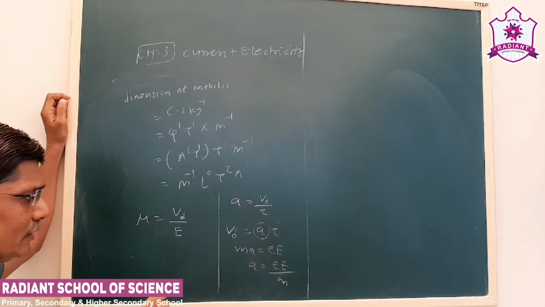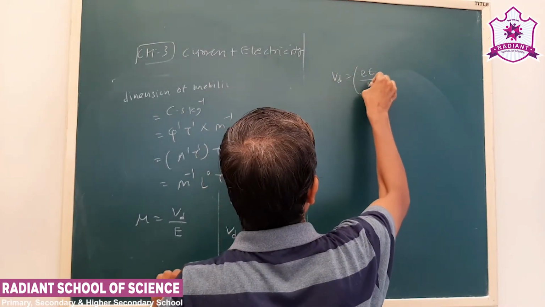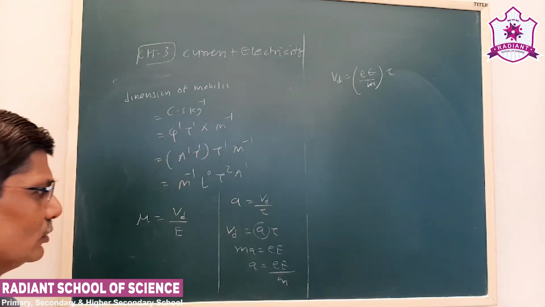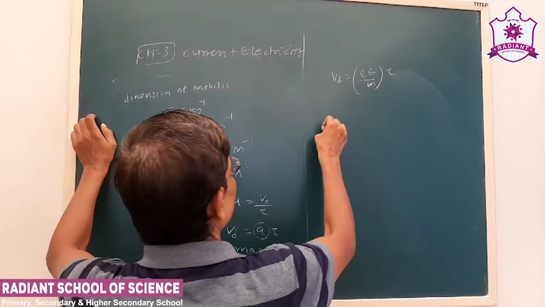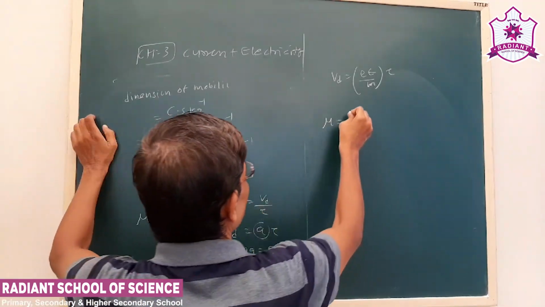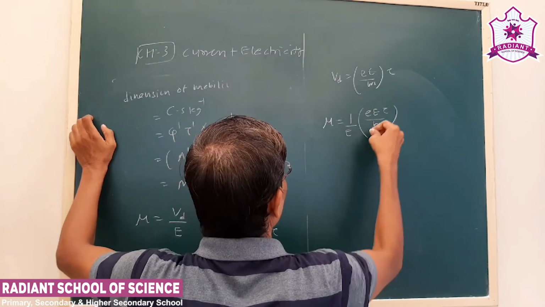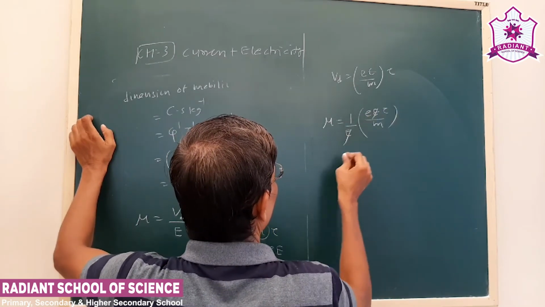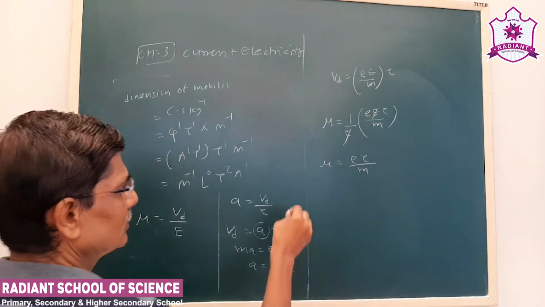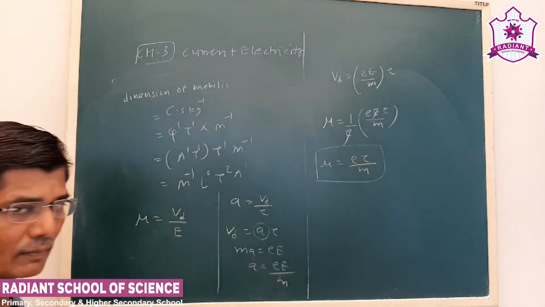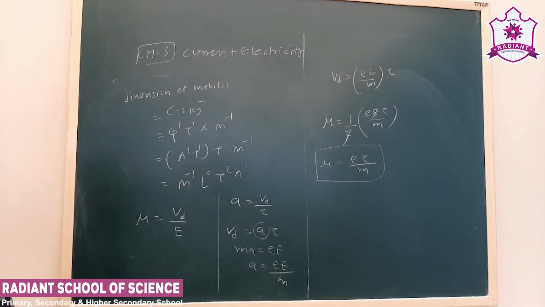I have to substitute that here. So Vd is eE by m into tau. Now I substitute this value here, mu is equal to Vd upon E. Okay, so this is how we can know more about the mobility.